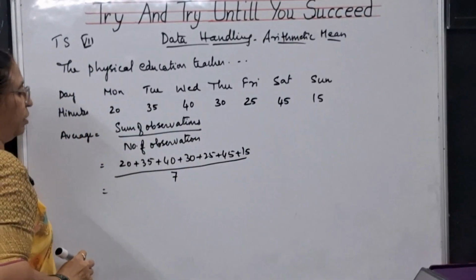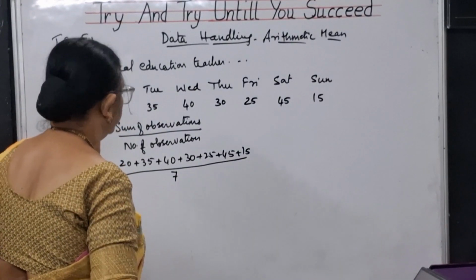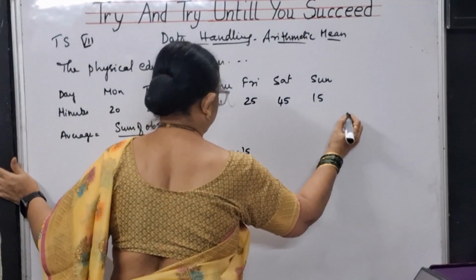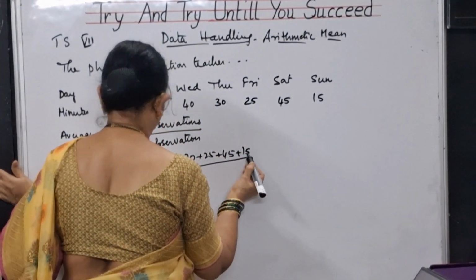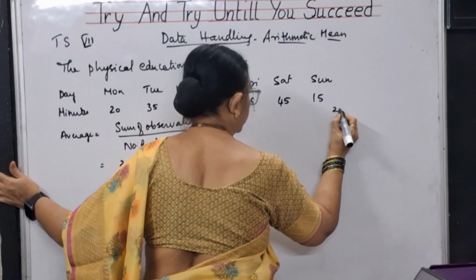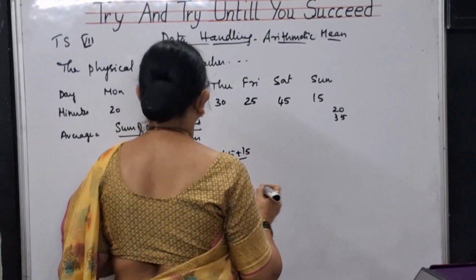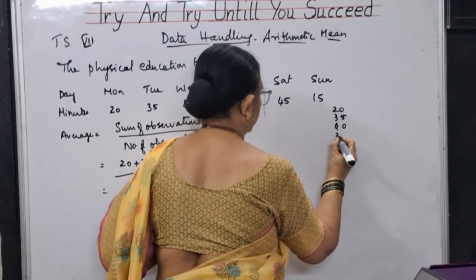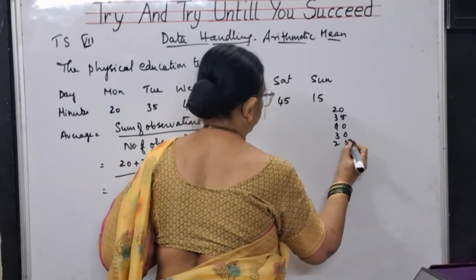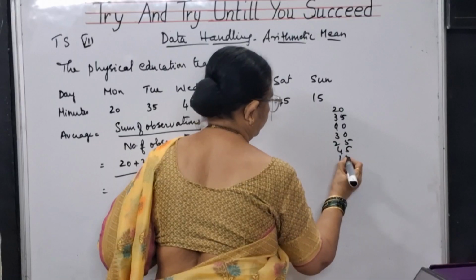So, how much are you going to get here? Let me add this: 20, 35, 40, 30, 25, 45, 15.